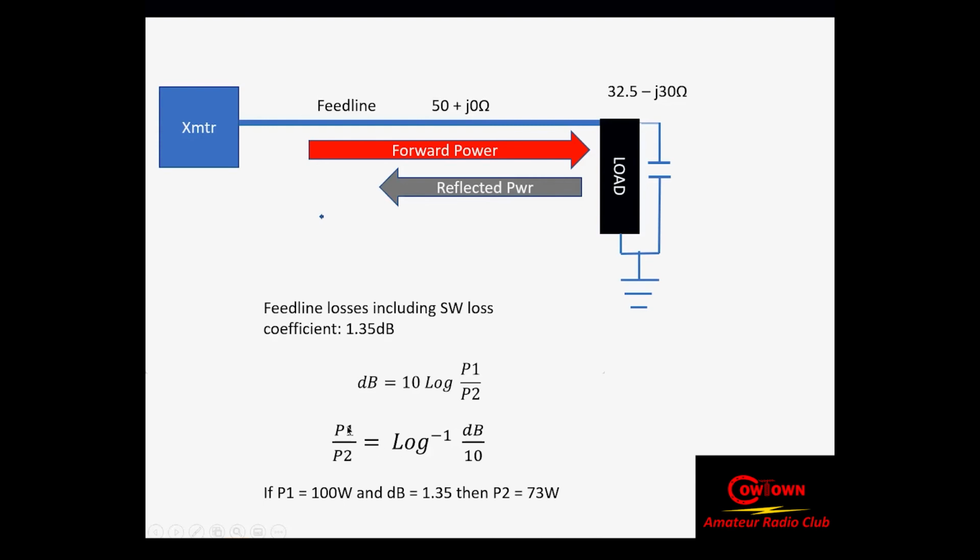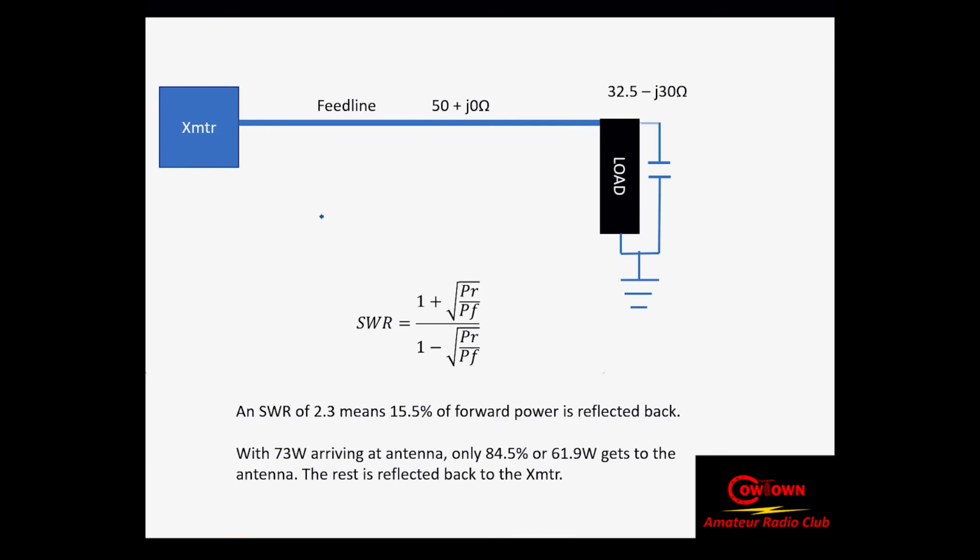Since I know that P1 is 100 watts and dB is 1.35, then solving for P2, I get 73 watts. So that means that if I've got 100 watts here, only 73 watts are getting into the antenna. 27 watts is going back towards your radio. That's with an SWR of 2.3. All right.